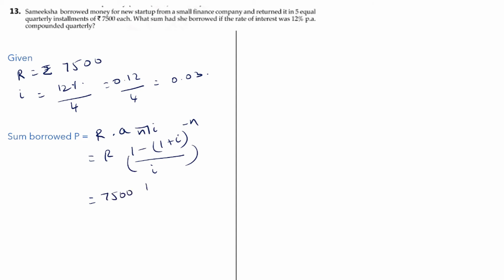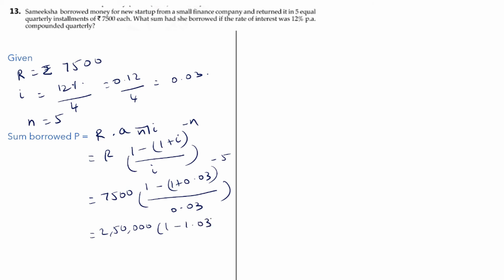It is 7500 into (1 minus (1 plus 0.03) the whole raised to minus n, here n is 5) upon 0.03. So 7500 by 0.03 is 2,50,000 into (1 minus 1.03 the whole raised to minus 5). Here I will tell you how we can use log tables to find the value of 1.03 the whole raised to minus 5.